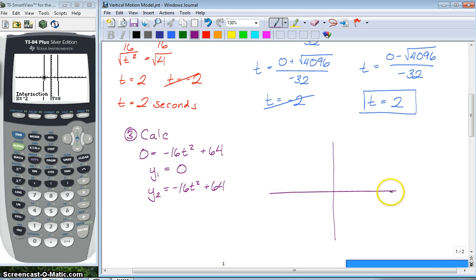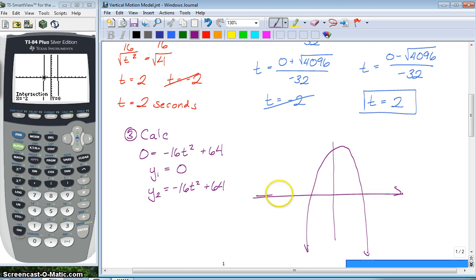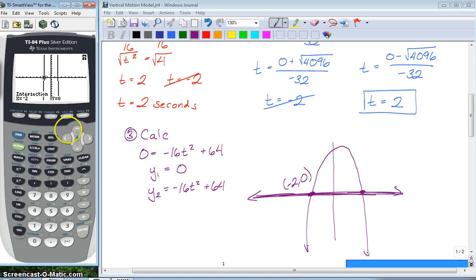So if I sketch my graph really quick, the other line is right here. This point right here is negative 2, 0. To find the other intersection point, start the process over. Second trace, 5.